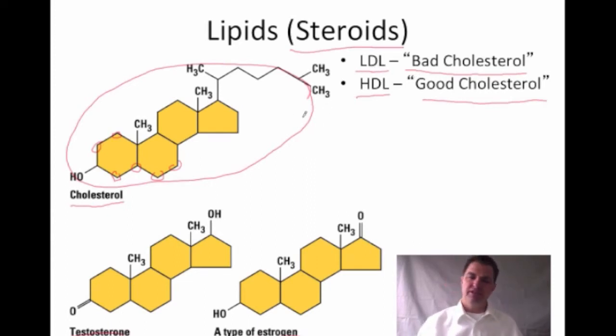And so what happens is, depending on how the cholesterol is transported through your body, certain kinds of food and what you eat and whatnot will tend to raise what you call your LDL level, your bad cholesterol, which is a low density lipid, low density.